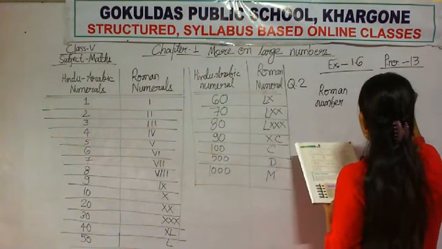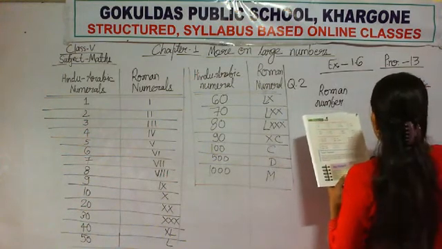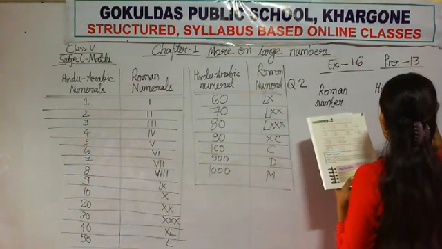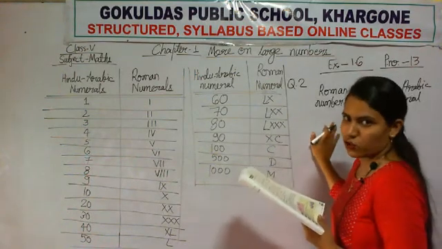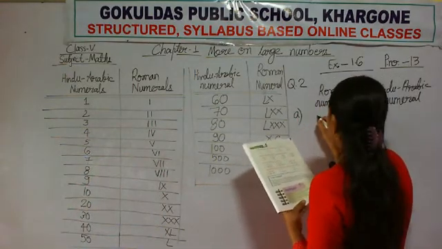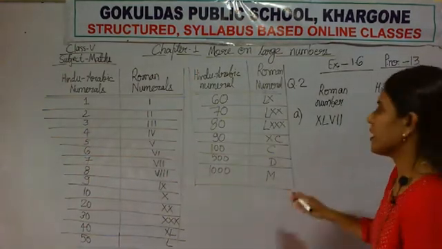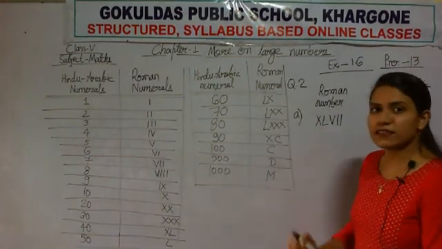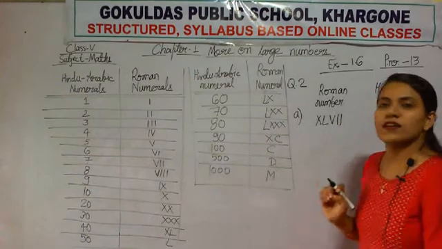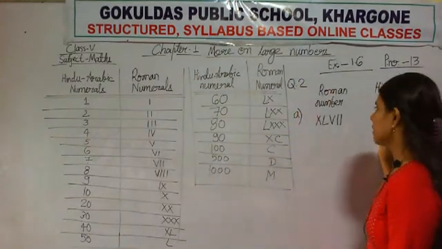In one column I will write Roman numerals, and for that I will write the Hindu-Arabic numeral. Part A: XLVII. You see that XLVII is given, and for this numeral you want to write the Hindu-Arabic number.